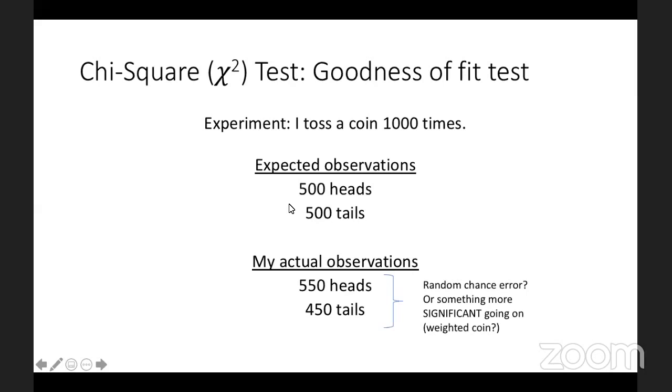Is it because of the random error that exists in our entropy filled universe? Or is there something more statistically significant going on, such as maybe you have a weighted coin, right? Okay, cool. So how would we go about answering this question? Is this difference due to random chance or is it due to something more significant?